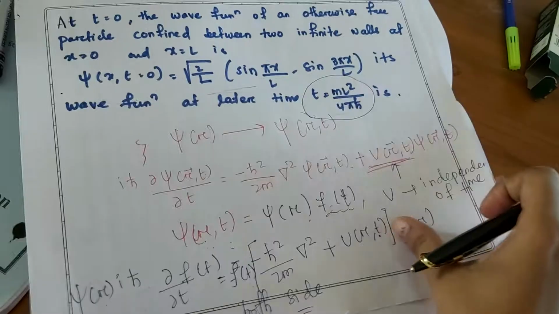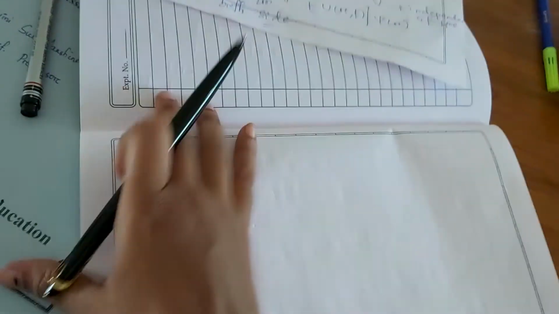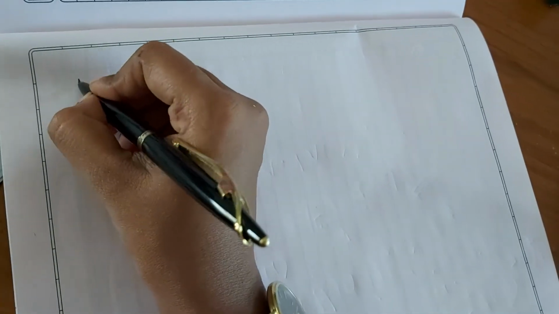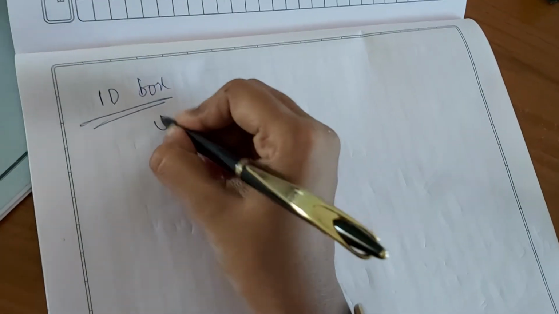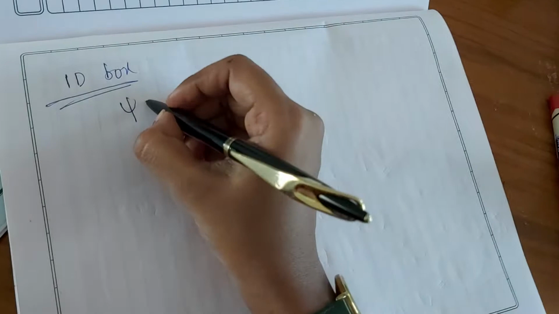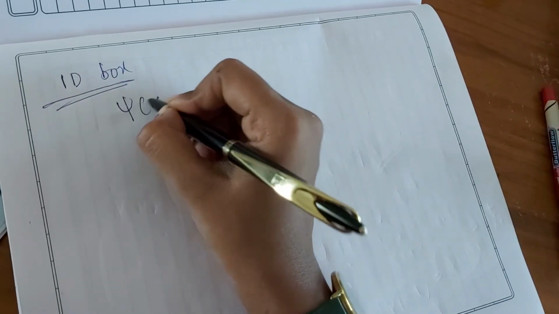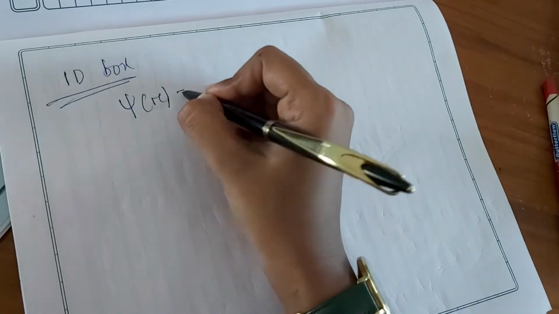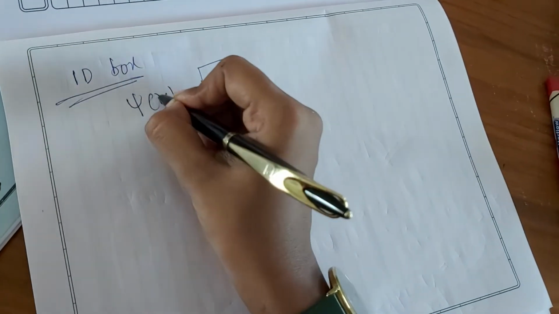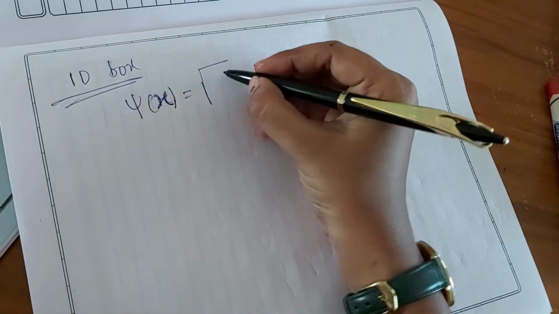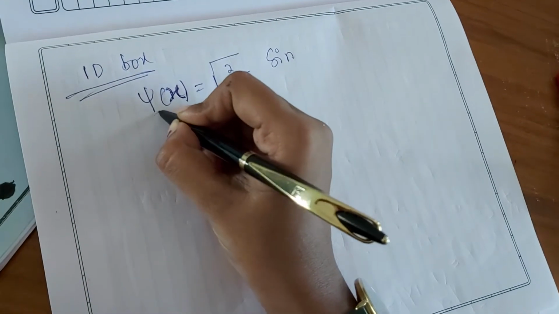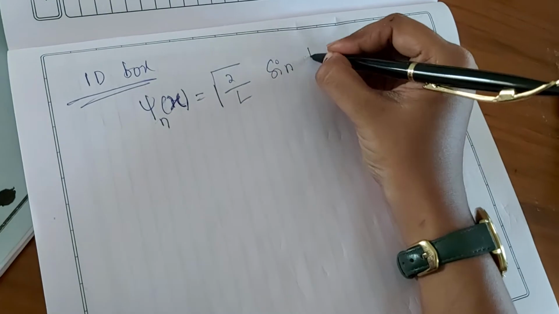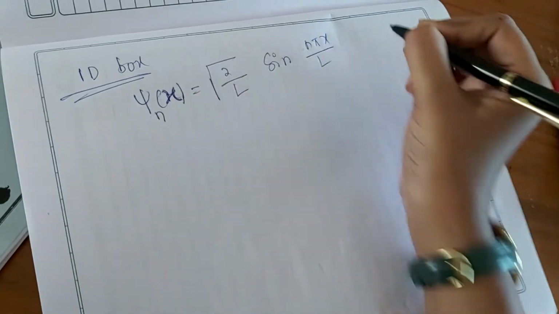Okay, so this is for a 1D box. We know that for a 1D box, the wave function psi(x) is equal to under root 2 by L sine n pi x by L, right?